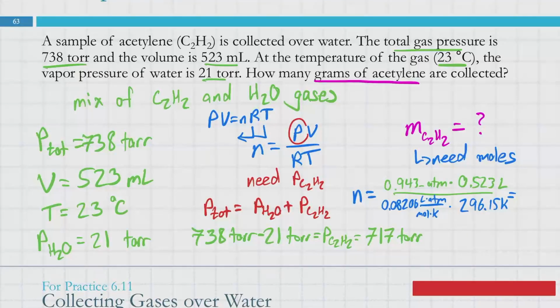And assuming I did that all correctly, 0.02 and some change, because I ran out of space, moles C2H2.